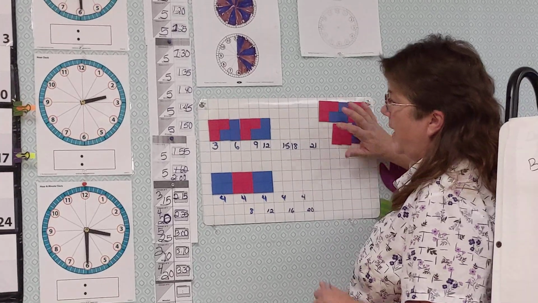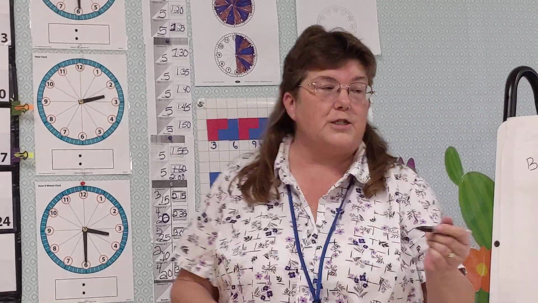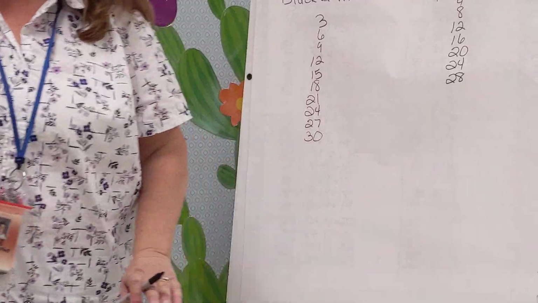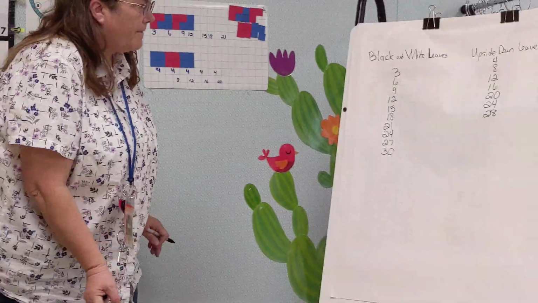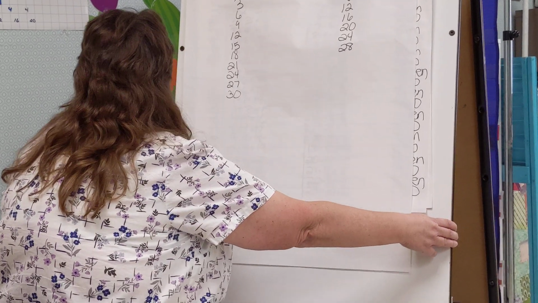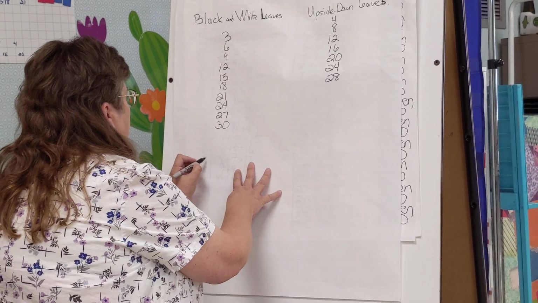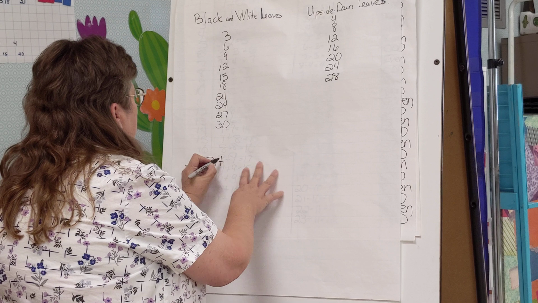So the first way I could write the equation 12, I'll borrow my chair again, is let's look at that top. I see 3 plus 3 plus 3 plus 3.